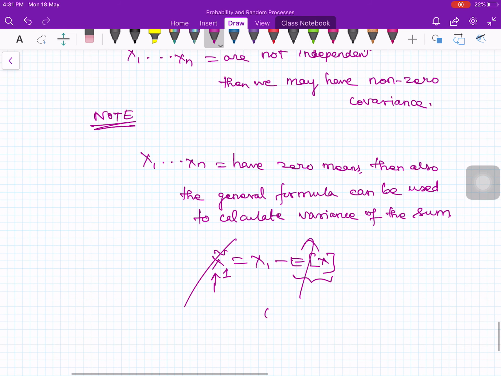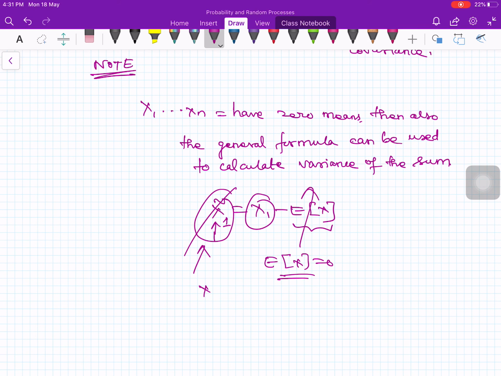If E of x equals 0, then straight away I can use x1 instead of going for x1 tilde. Therefore the calculation will be very simple if you have zero mean random variables. These extra new symbols will not be coming. So we do not need to take this x tilde.